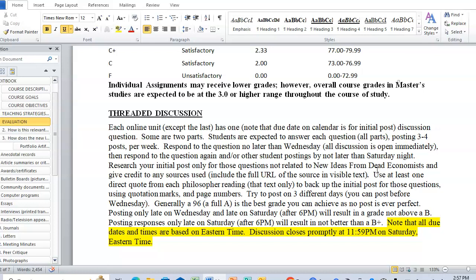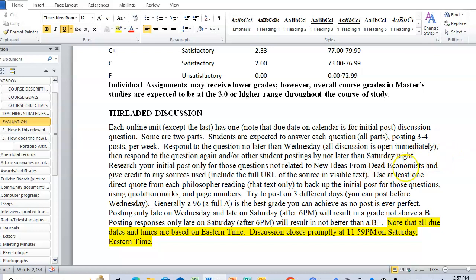The initial response is due not later than Wednesday night, and threaded discussion closes each week on Saturday night, all times being Eastern Time, whether it be Daylight Saving Time or Standard Time. So if you live in a different time zone, please adjust your calendar so that you post based on the due dates in Eastern Time.